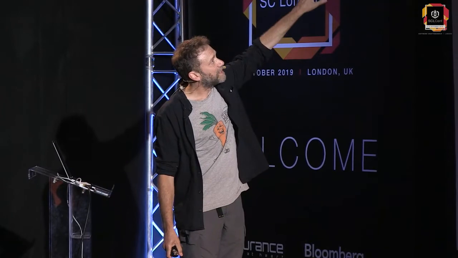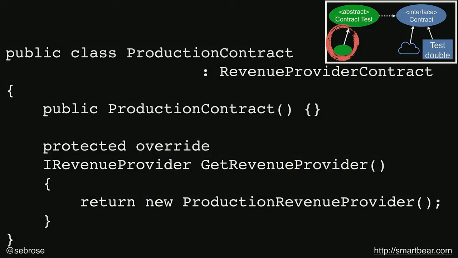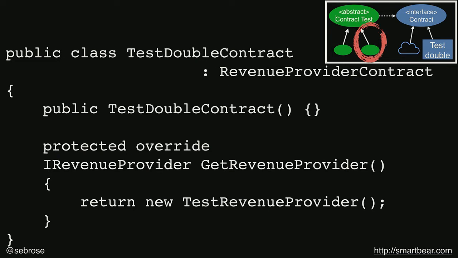And now if you look at the wee schematic in the top right, now we're looking at the actual implementation of that contract test. This is for the production contract, and you'll notice all you have to put in it is you override the get revenue provider method and return a production revenue provider. And likewise, there'll be a test double contract, and the only difference is it returns a test revenue provider. So it's really simple.